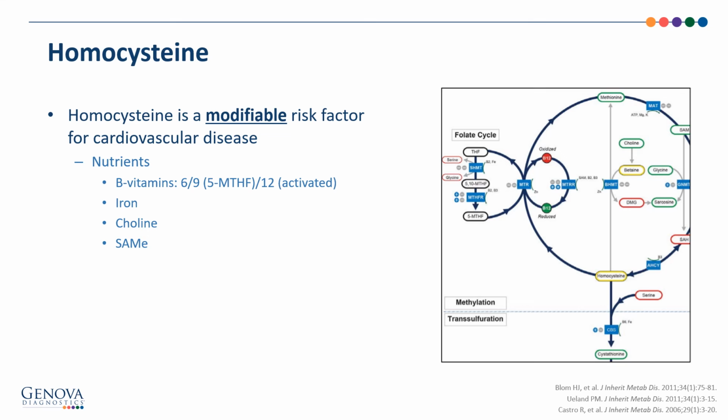Minerals such as iron, you'll see as a cofactor for a few different enzymes. Even using choline or betaine, promoting the backup pathway to convert homocysteine into methionine can be helpful. And when low, you also can consider SAMe, which is like a universal methyl donor that can help support these pathways.